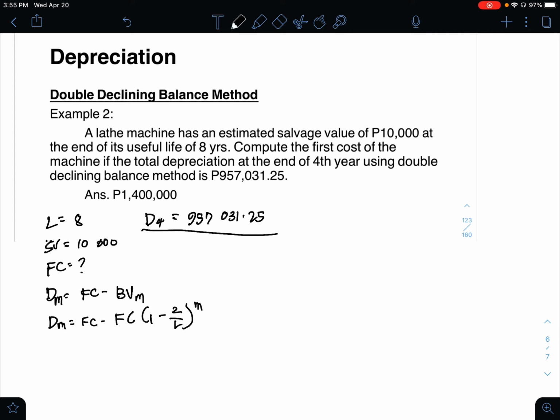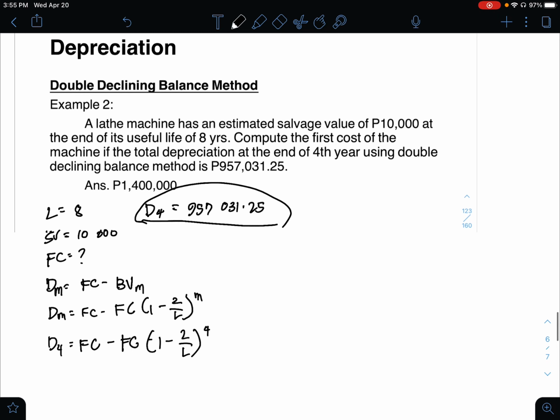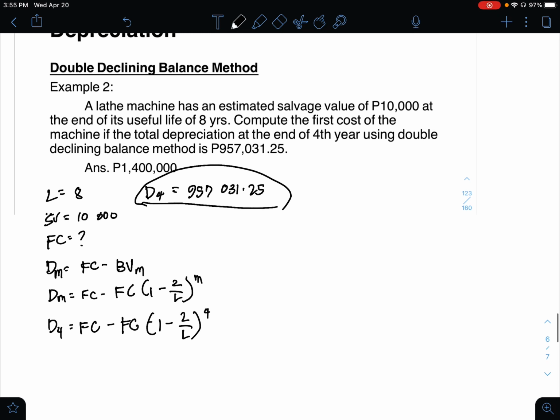So that's D4 is equal to FC minus FC times 1 minus 2 over L raised to the power of 4. D4 is 957,031.25, which is equal to first cost minus first cost times 1 minus 2 over 8 raised to the power of 4.